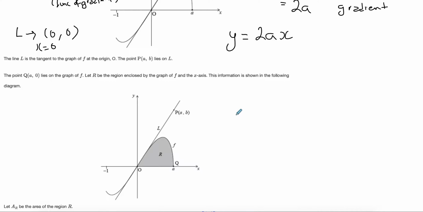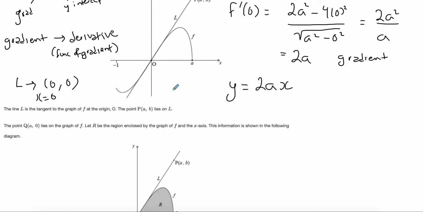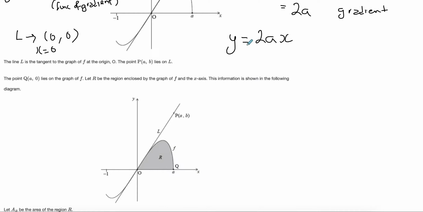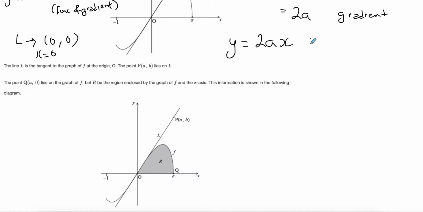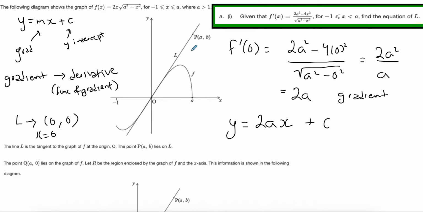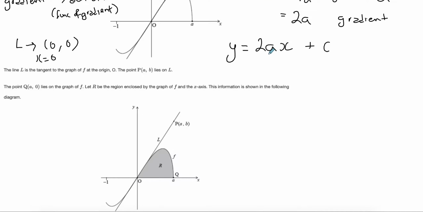If you ever want to find the y-intercept, let's say it's not 0, then what you're going to do is substitute a value of y and x that you know lies on the line. So we know that P lies on this line. If P lies on the line, it means that P fits the equation of the line.